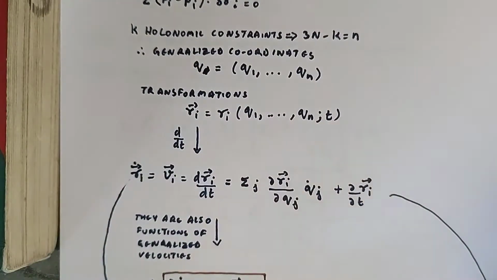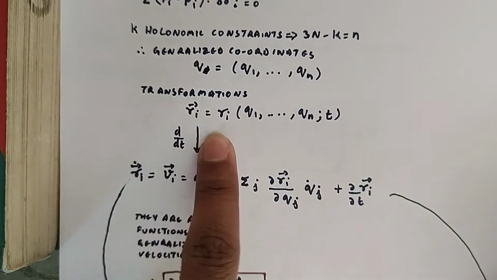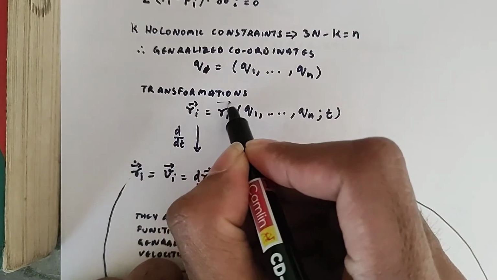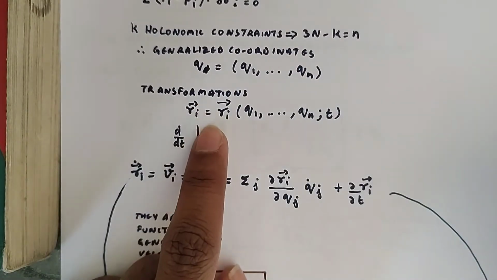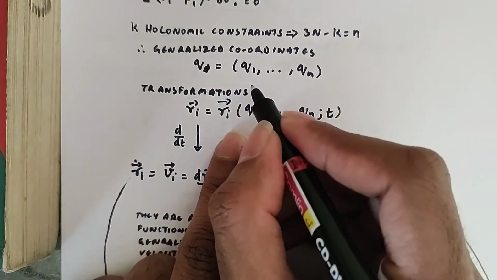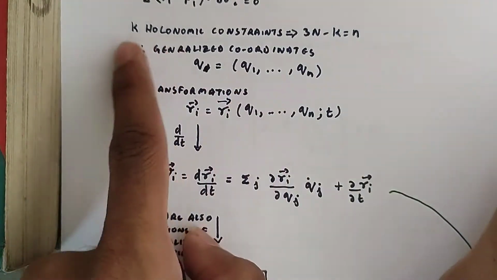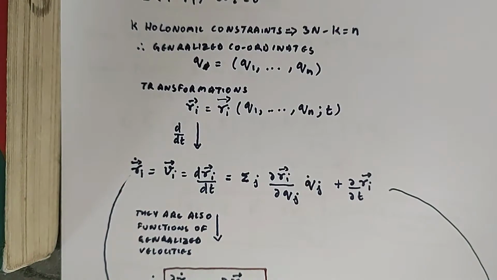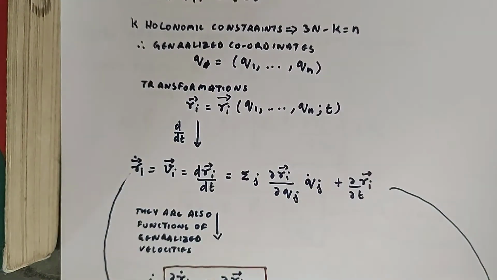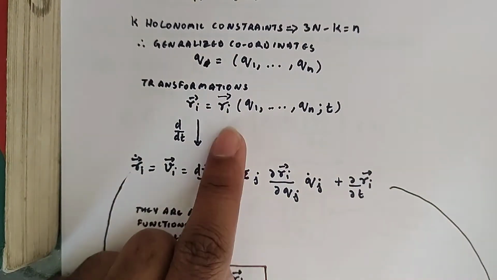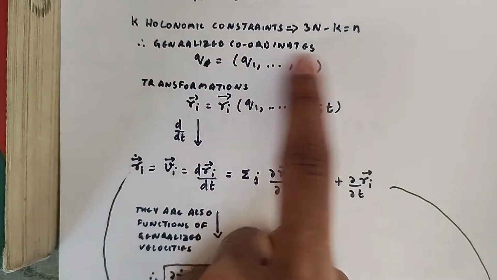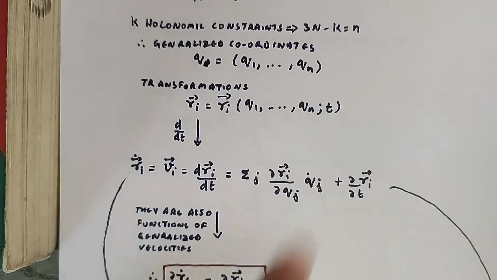So we do a transformation from Ri vector to Ri vector, which is a function of these generalized coordinates and also possibly time, because I'm stating it as a holonomic constraint. So this is my transformation equation where my Ri depends on generalized coordinates and possibly time.